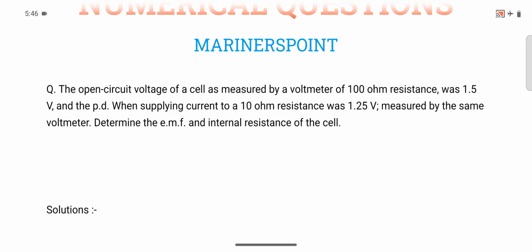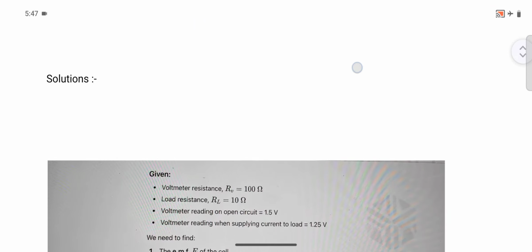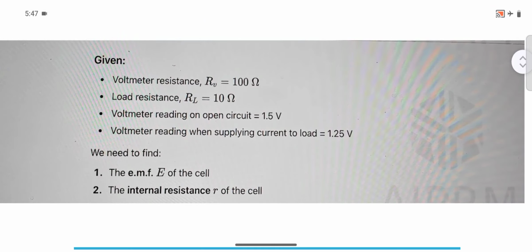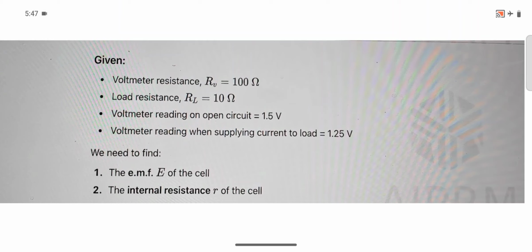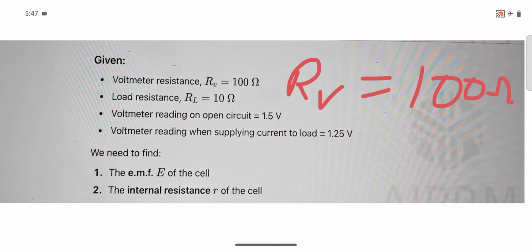Now, first I will write the given data, then we will go step by step through what I have to calculate. We have to calculate the EMF and internal resistance of the cell. In the question it is given: voltmeter resistance, denoted by RV, is equal to 100 ohm, and load resistance is equal to 10 ohm.